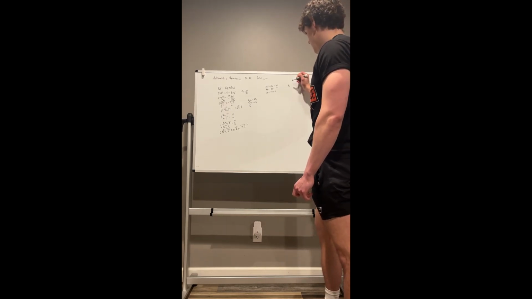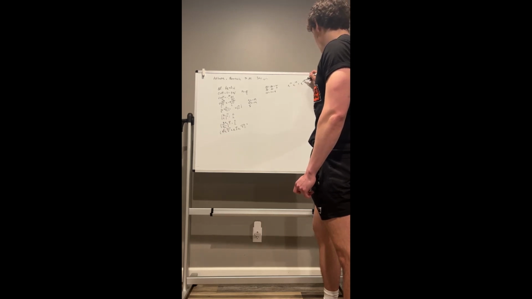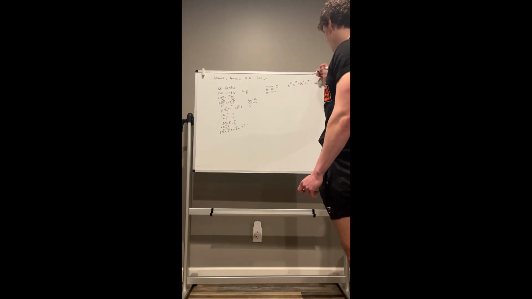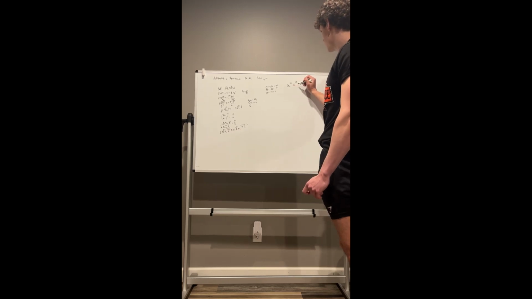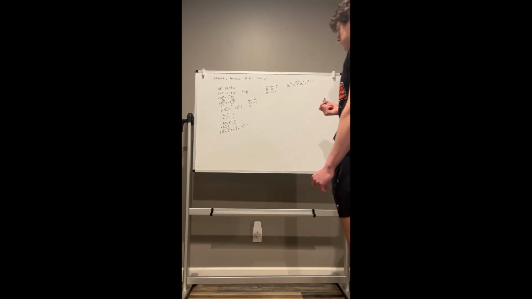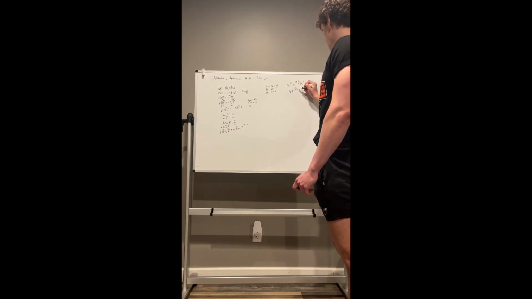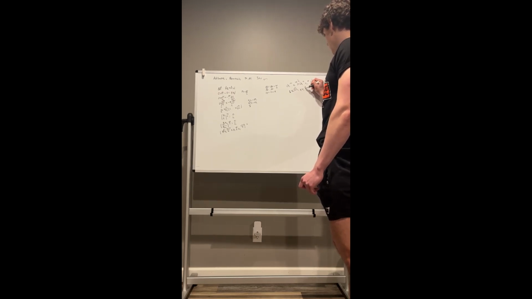So we get P2 to the Cv times V2 to the Cp equals P1 to the Cv times V1 to the Cp, and then we'll raise both sides to the 1 over Cv, which will end up with P2 times V2 to the Cp over Cv, which will be equal to P1 times V1 to the Cp over Cv.